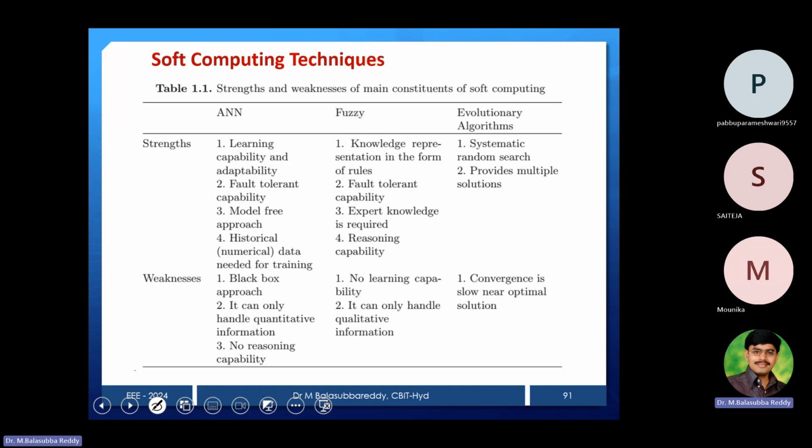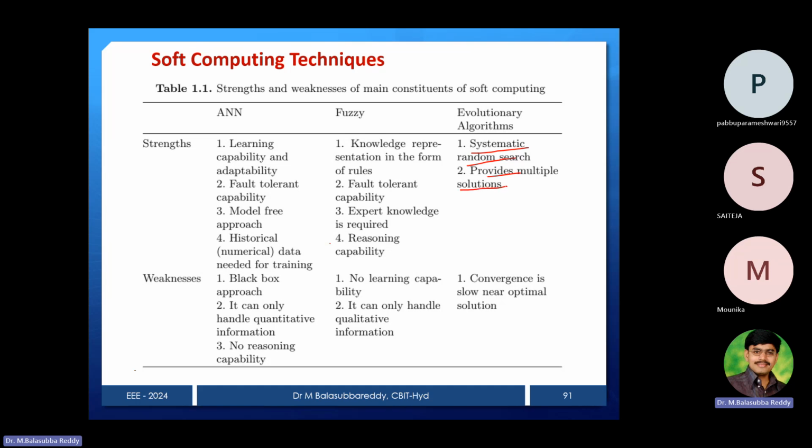And in the evolutionary case, convergence is slow near the optimal solution. So this problem is going to be there among the different weaknesses. On the advantages side, there is a systematic random search and it provides multiple solutions.